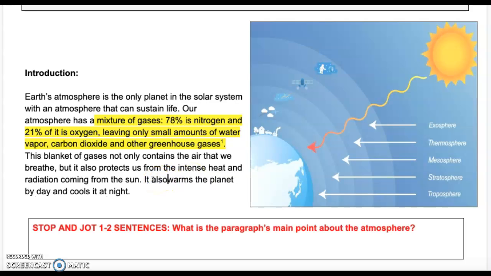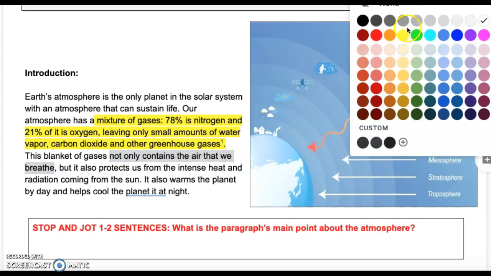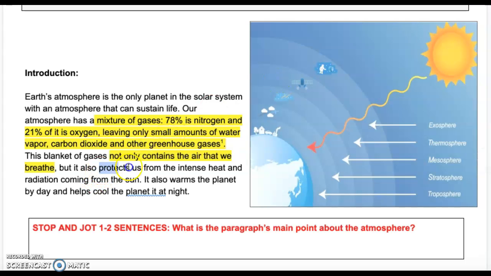It also warms the planet by day, and it helps cool the planet by night. So let's say that it not only contains the air that we breathe, right, but also protects us from intense heat and radiation and warms the planet.